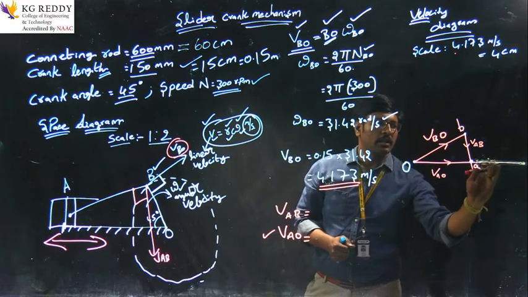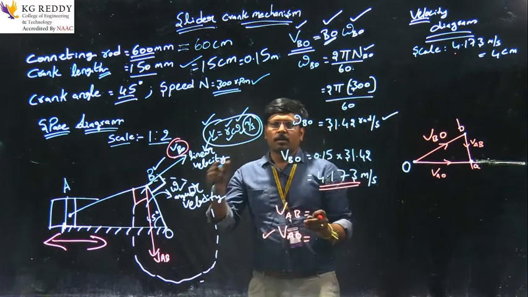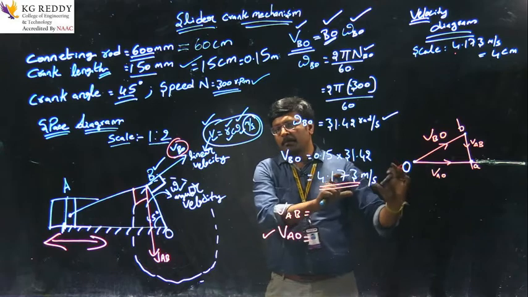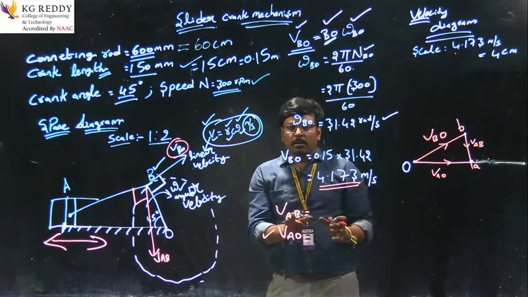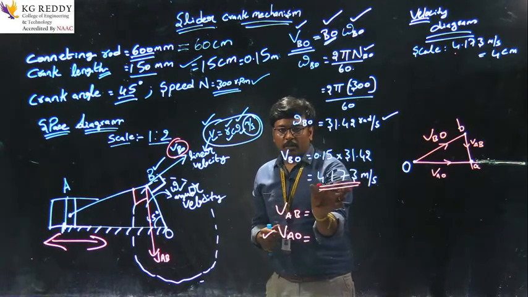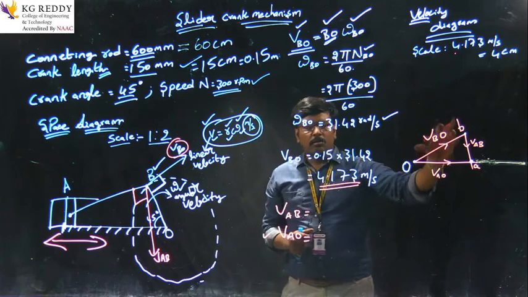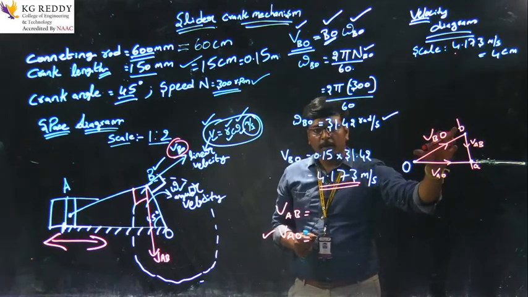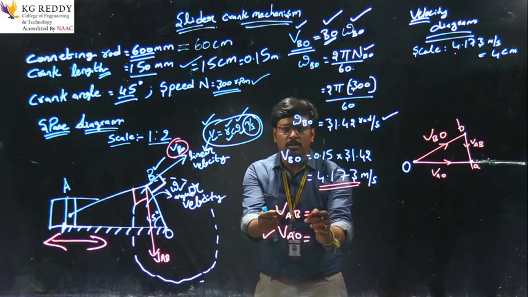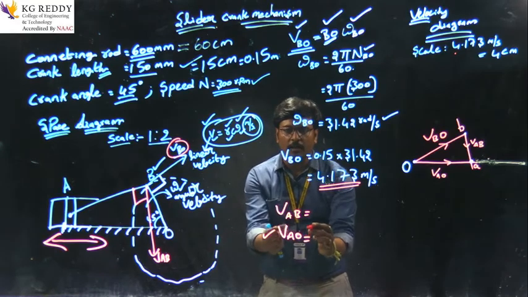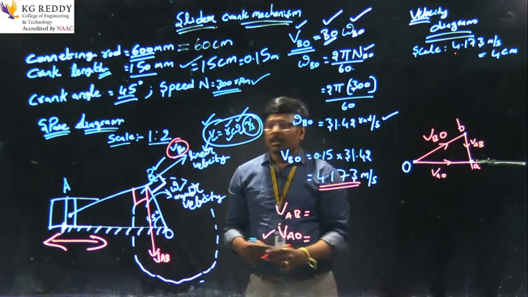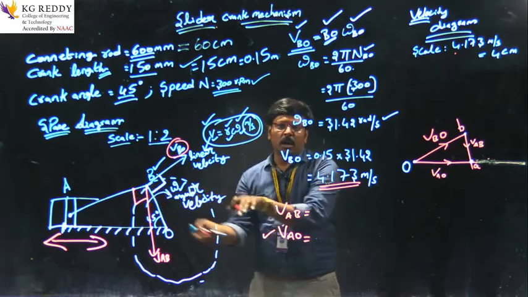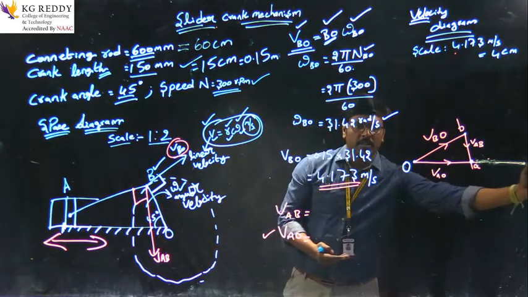Here the only thing we did is find velocity of B and velocity of A by using a graphical method. This is the velocity of B with respect to O, and we are considering it in centimeters, right? So how to find velocity of A with respect to B and velocity of A with respect to O? The slider moves in a horizontal direction, so I am taking a horizontal.